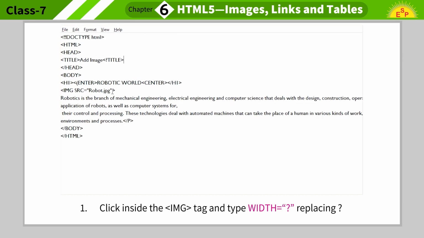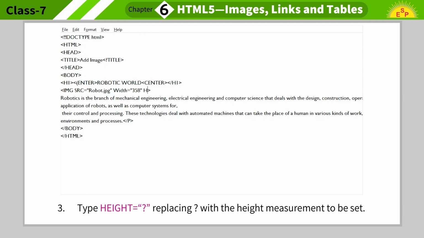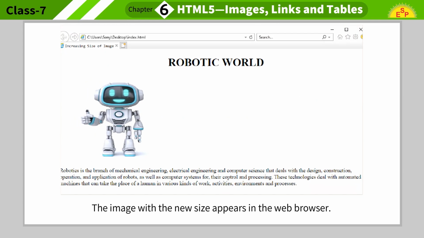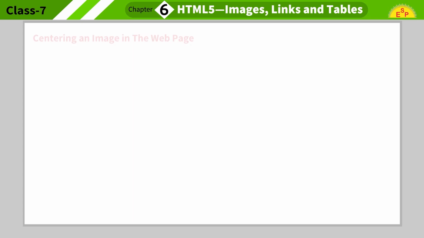Click inside the IMG tag and type width equal to, replacing with the width measurement to be set. Step 2. Give a space by pressing the space bar key. Step 3. Type height equal to, replacing with the height measurement to be set. The image with the new size appears in the web browser.